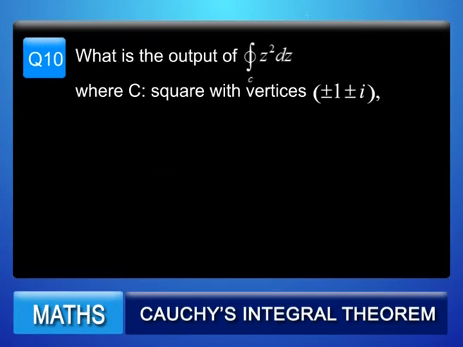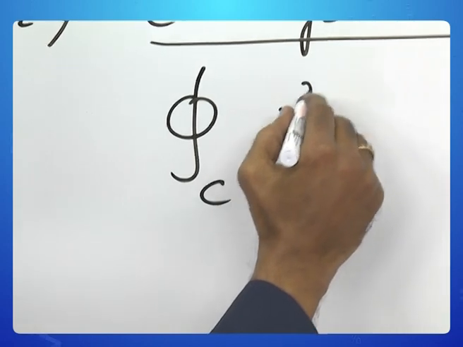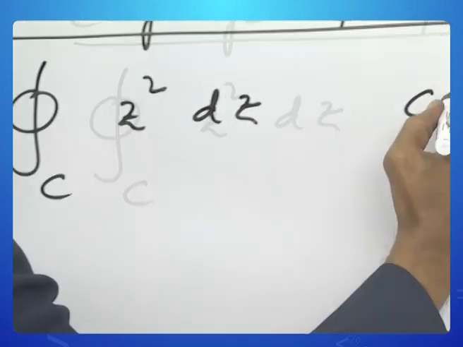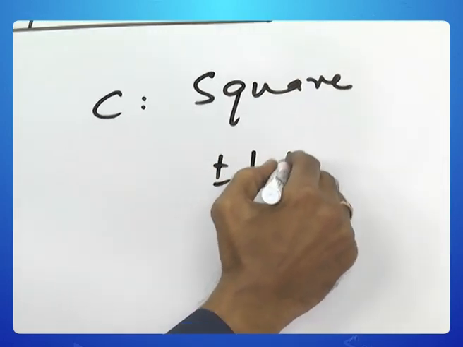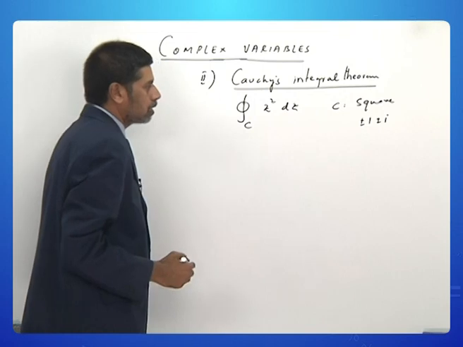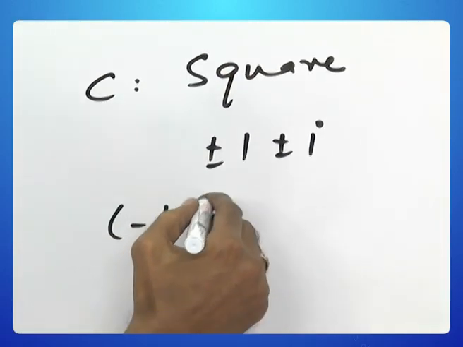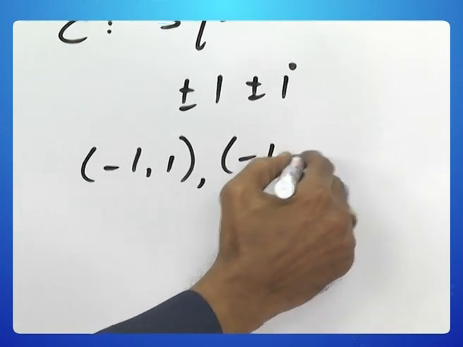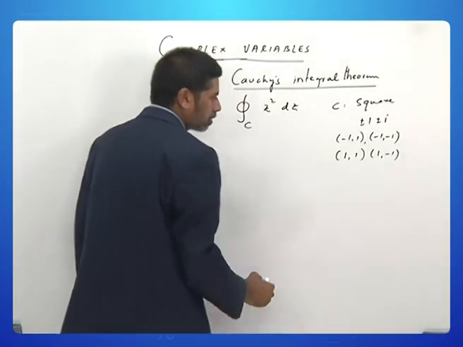Question number 10. What is the output of integral z square dz where C is the square with vertices plus or minus 1 plus or minus i? Now, you know there are 4 points here, namely minus 1, 1, minus 1, minus 1, 1, 1, and 1, minus 1.